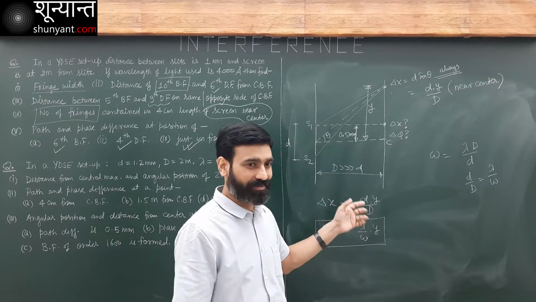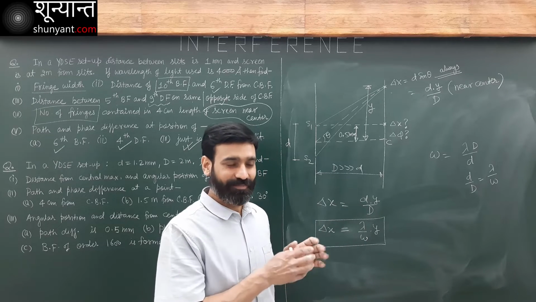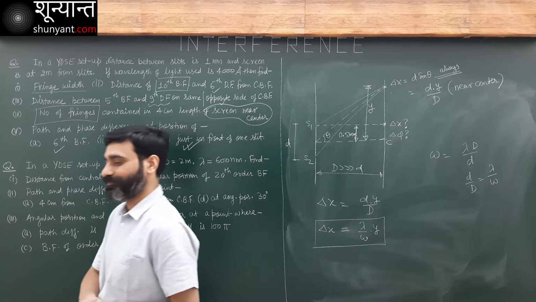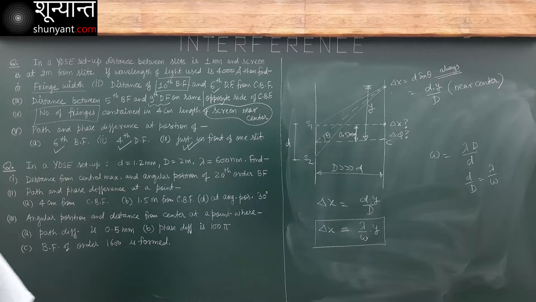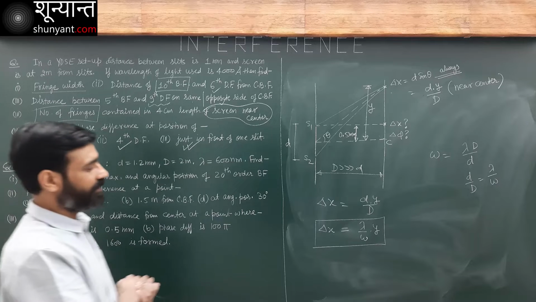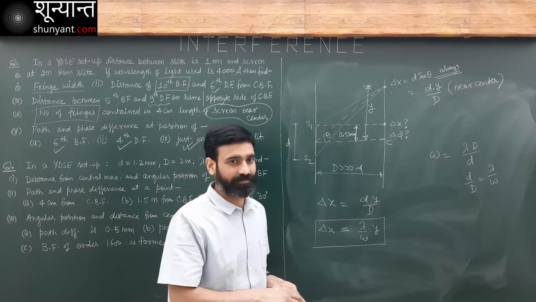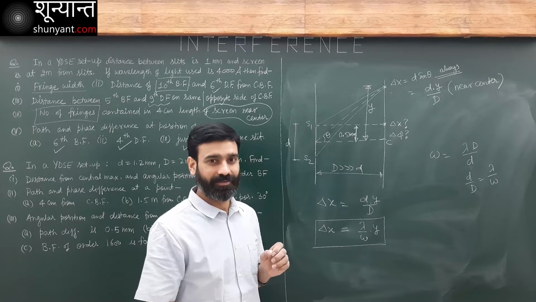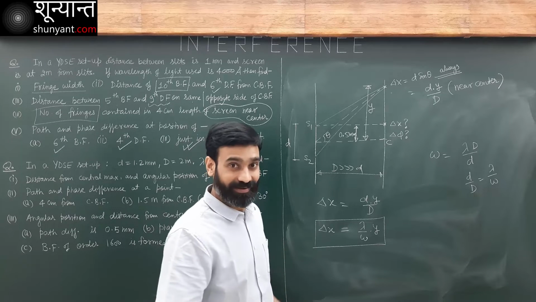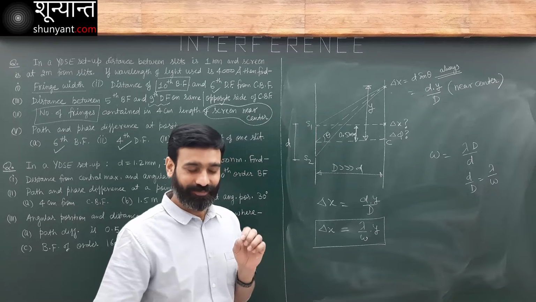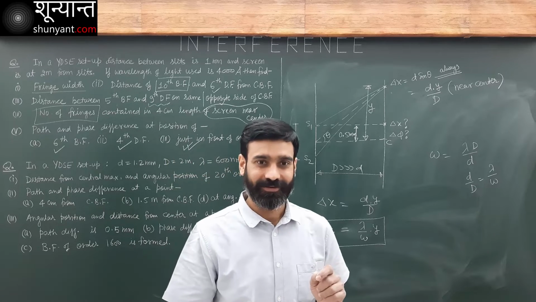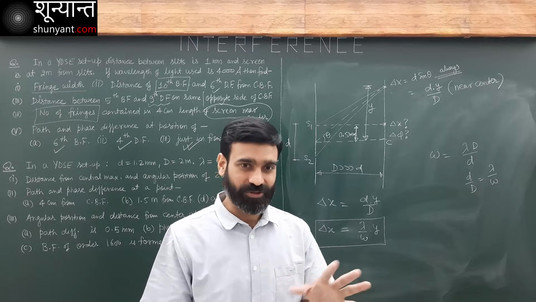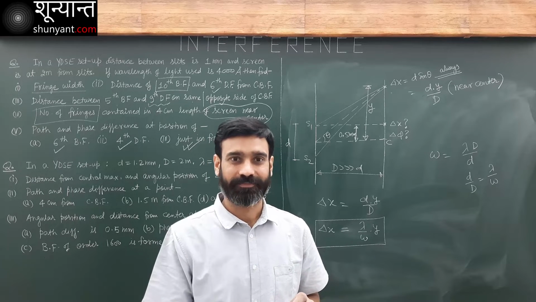Of course we got some relation. Is there any physical connection? Can I relate it with something? Of course we can if we try a little bit, and that's how we develop an intuition into the problem.